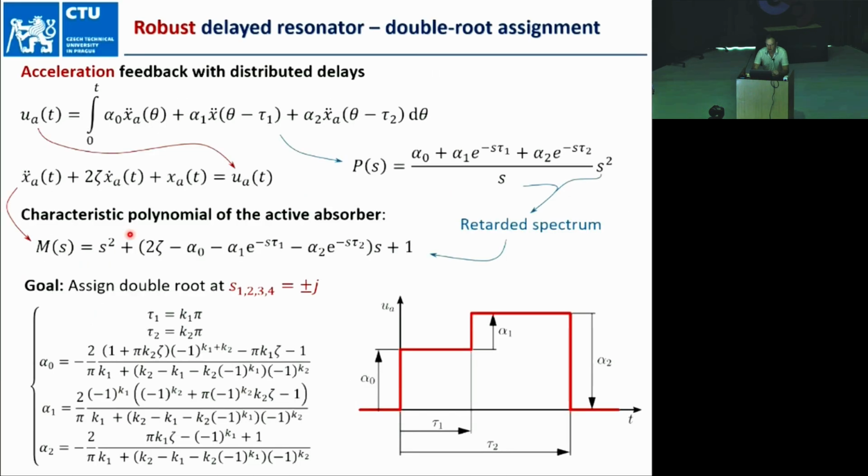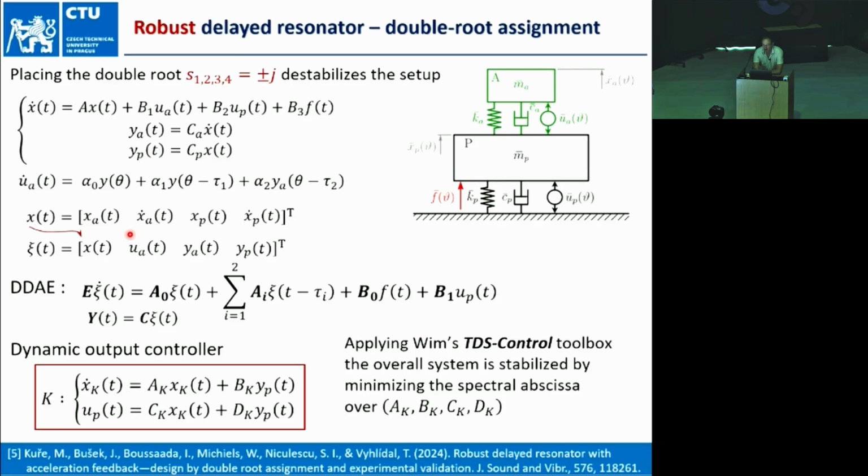So this is one thing. We are able to nicely place the double root at the imaginary axis. But you know that if we have a single root at the imaginary axis, the system becomes quasi-stable, but if we have a double root, it is unstable itself, and it also has a big destabilizing effect on the platform itself.